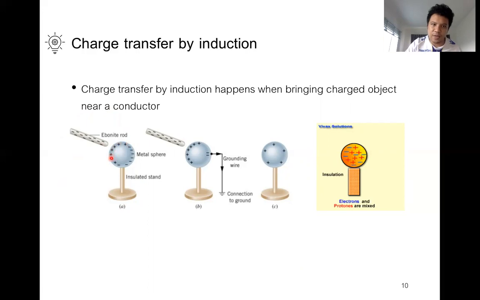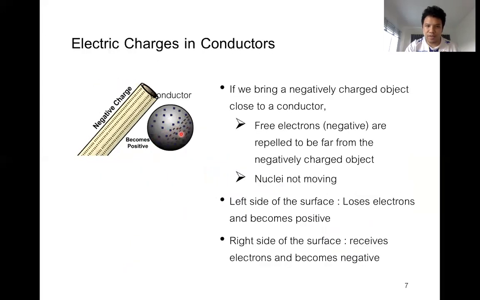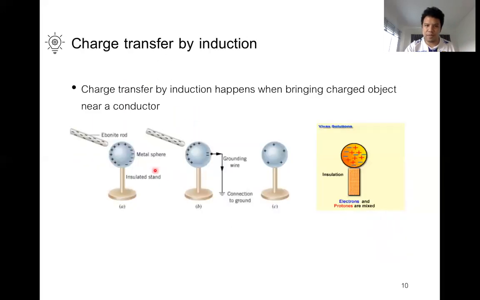And we can see that if the charge can move freely in a conductor, the negative charge, the electrons, will move backward because the negative charge in the conductor will be repelled by the negative charge in the rod. And then when the negative charge is repelled, the left-hand side will be positively charged, because it loses electrons, and the right-hand side will be negatively charged because it receives electrons. So it's the same picture.